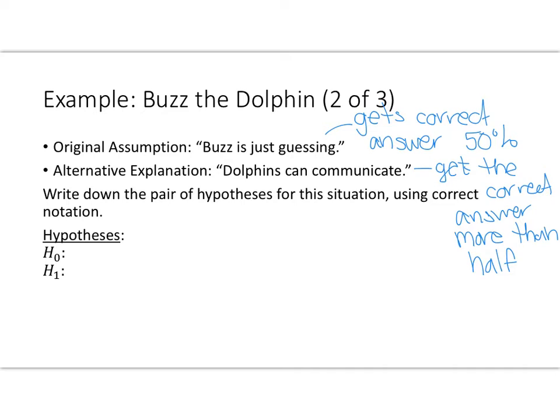So if this is a study on if dolphins can communicate, then we would want to test that he gets the answer correct more than half. So P is greater than 0.5. And this is our claim, because we're talking about a population of dolphins here, so that's why we're using P. The alternative would be P is less than or equal to 0.5.